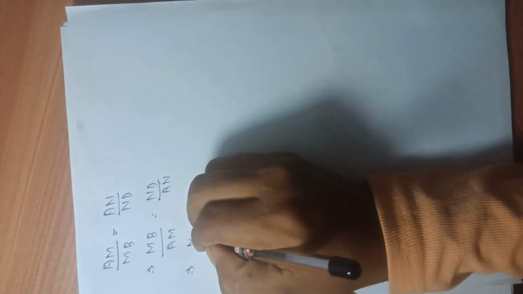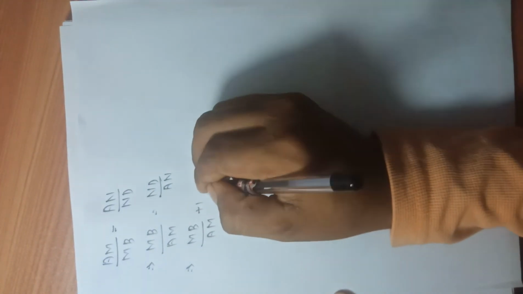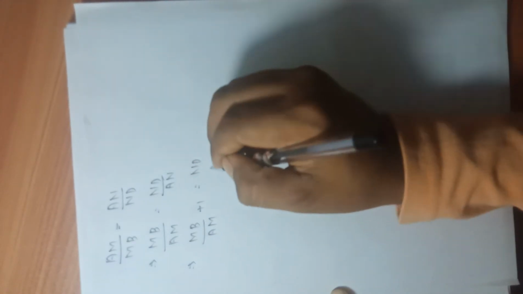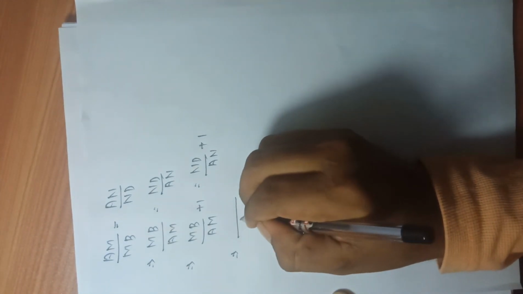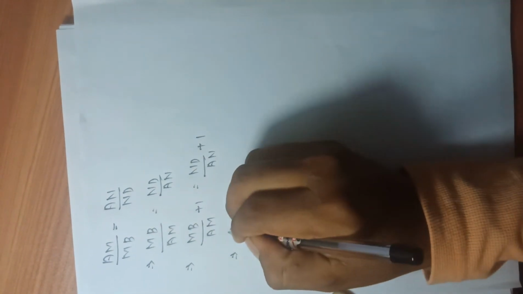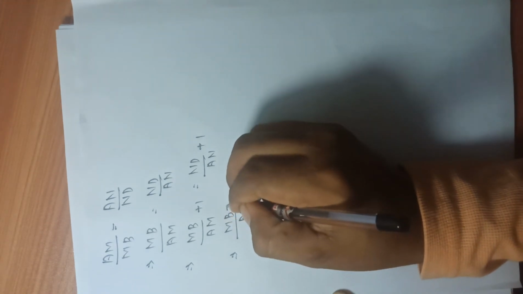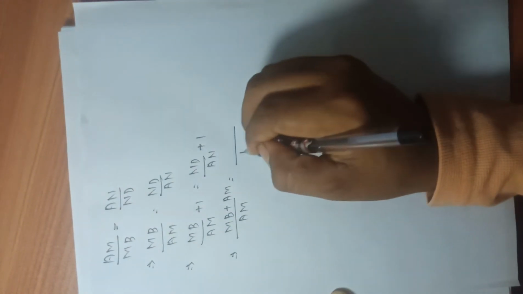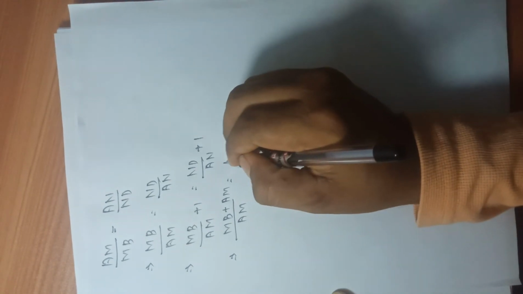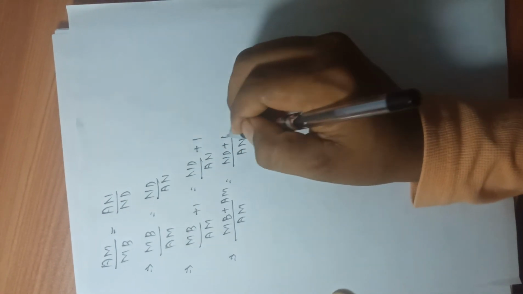We can add 1 to both sides, so MB by AM plus 1 equals ND by AN plus 1. So the LCM is AM, so MB plus AM, and here ND plus AN.